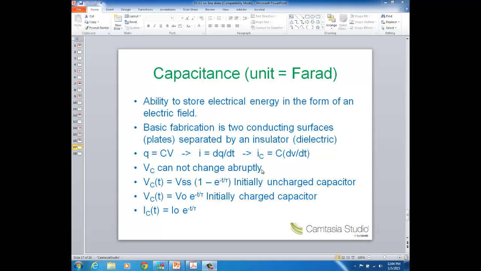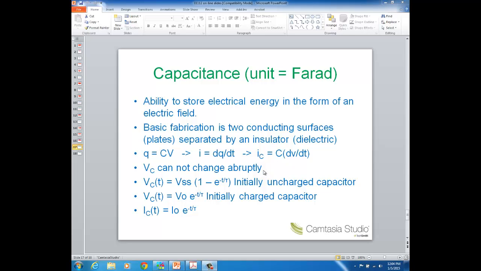If you were to consider that abrupt change to be instantaneous, where dt would equal 0, well, then you would have an infinite current, which means an infinite power. So another way to look at this is that in order to have an abrupt change in voltage across a capacitor, it would require a substantial current and therefore a substantial power.